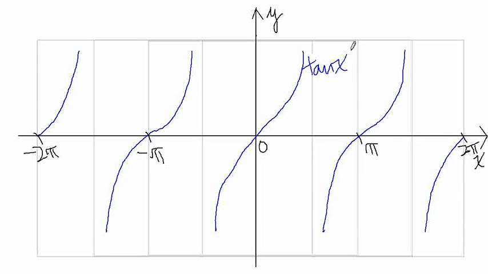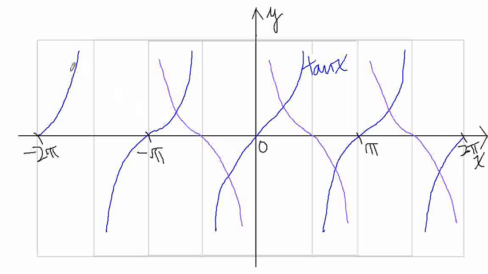All right, so the blue curved segments represent the graph of the tangent function. And these purple curved segments represent the graph of the cotangent function.